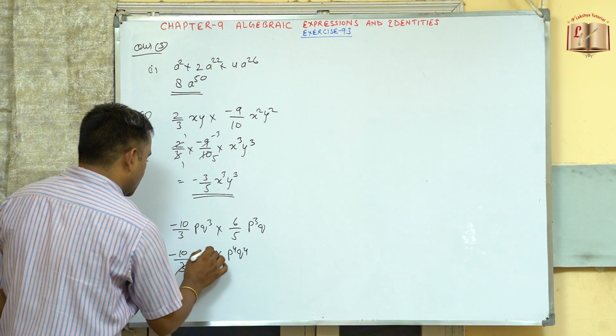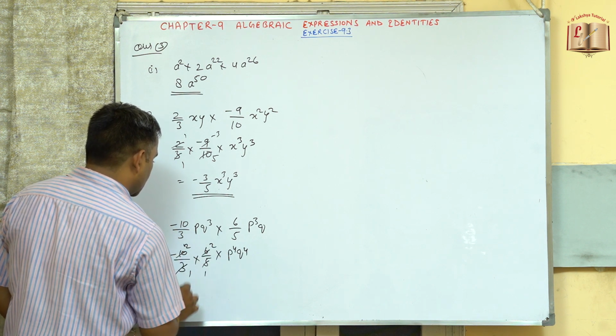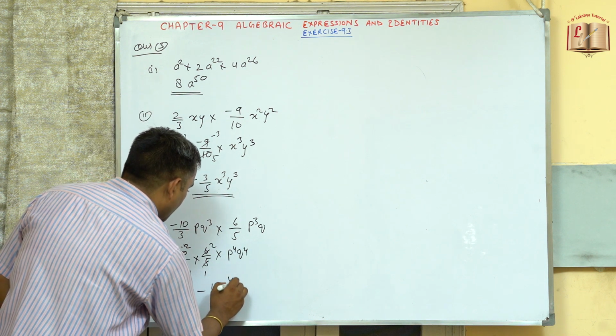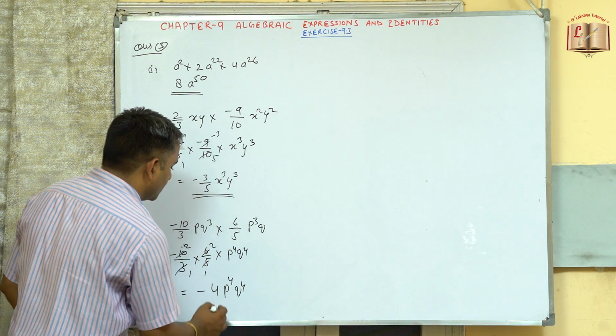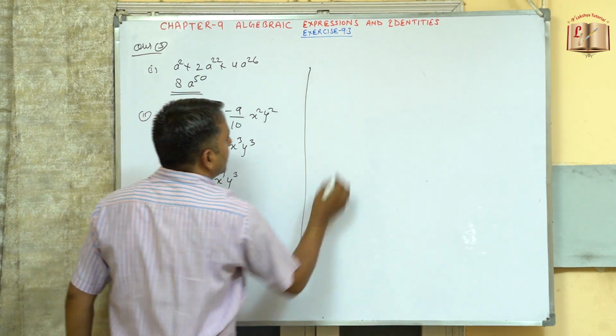So 3 one za 3, 2 za 6, 5 one za 5, 2 za 10, minus 2. So this is now minus 4 p to power 4 and q to power 4. So this is the answer. Now coming to the fourth part of this.